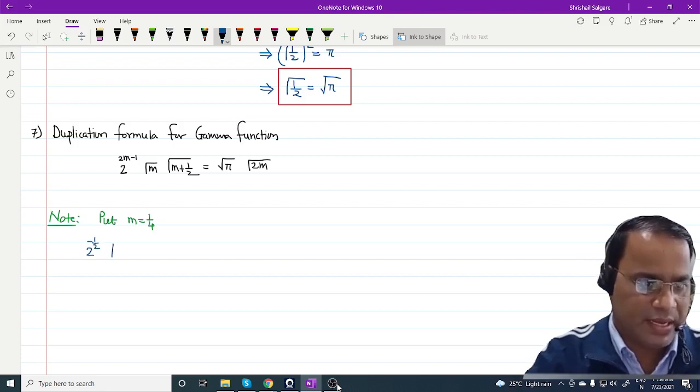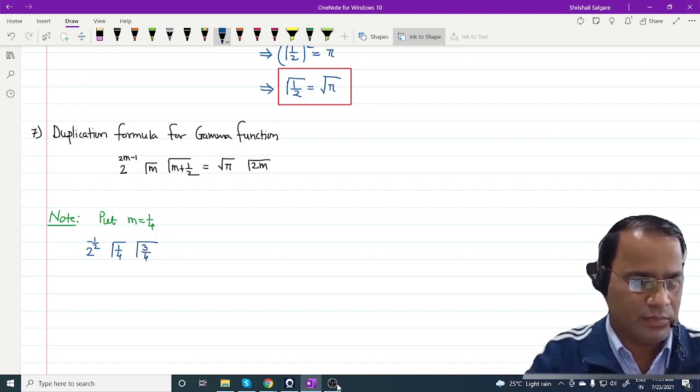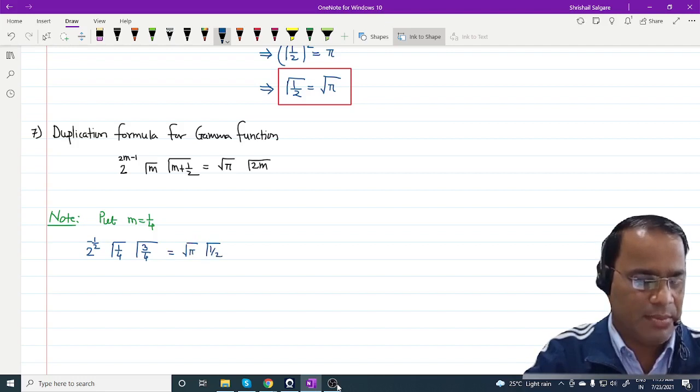Next is gamma of 1 by 4, then gamma of m plus 1 by 2, that is gamma of 3 by 4. This root pi remains as it is, and gamma of 2m is gamma of 1 by 2.